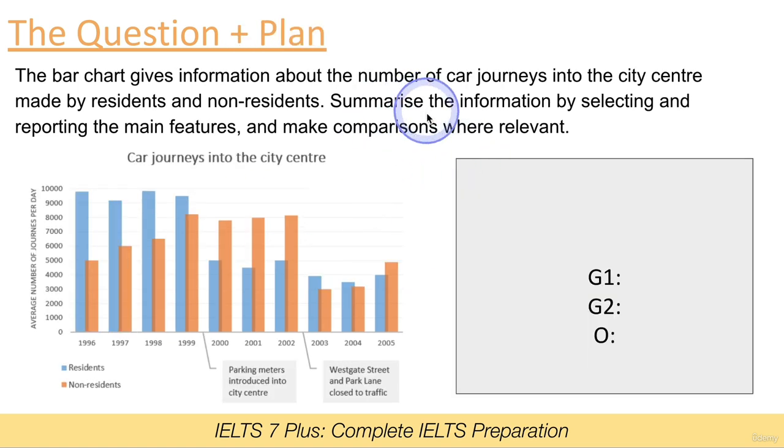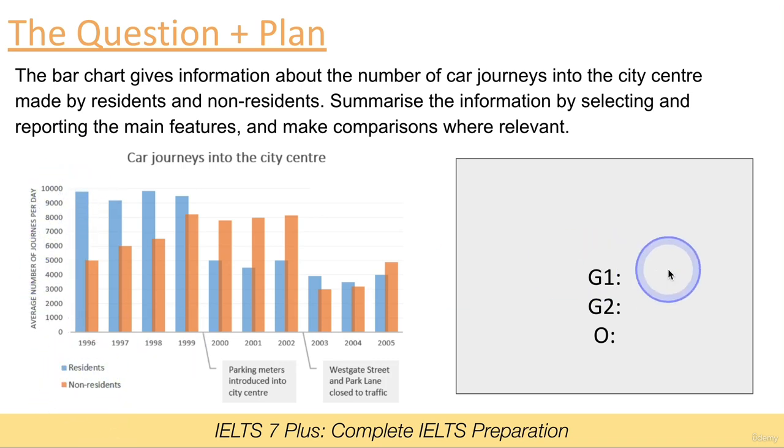Okay then, so we have our question again, and this is where we can put our plan into place. So we've got some space here to think of our groups. Now we could do different groups. We could group them in terms of the years, maybe talk about both of them. We could talk about maybe the numbers, might be a bit difficult.